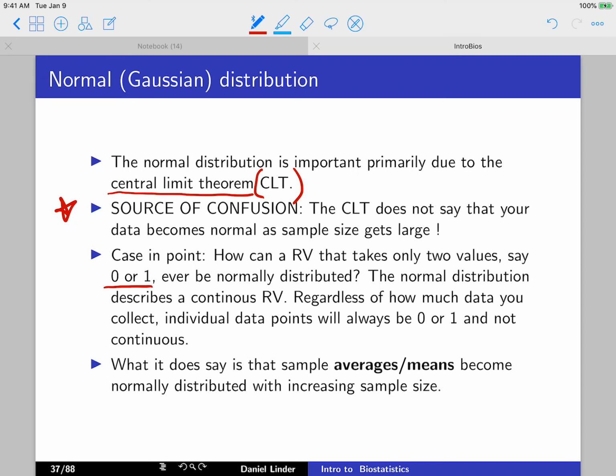How can a dichotomous random variable ever become normally distributed regardless of how much data you collect? The distribution of these individual data points will always correspond to a random variable that takes values 0 or 1, so it's not even continuous. So again, I'll repeat, the central limit theorem does not say that the distribution of your data becomes normal as the sample size gets large.